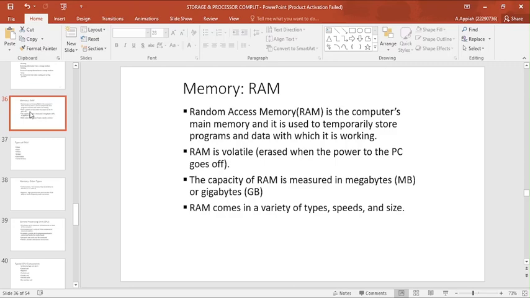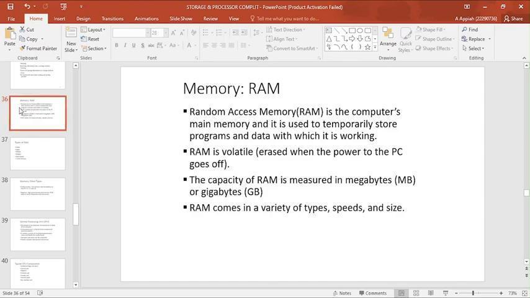So the programs or the data that are being used or that are being executed are stored in the random access memory. The RAM is volatile, which means it can lose its contents immediately the power goes off. RAM can be measured in either megabytes, MB, or gigabytes, GB.